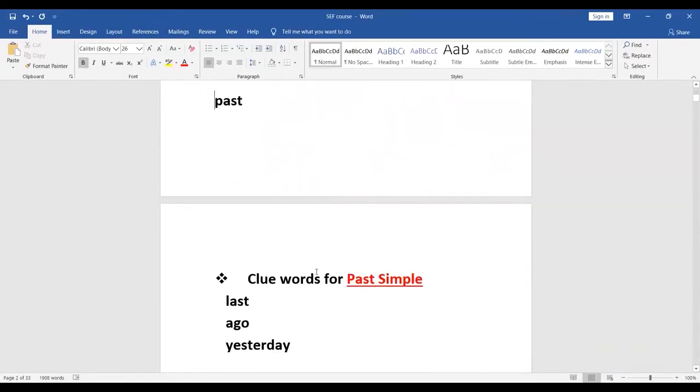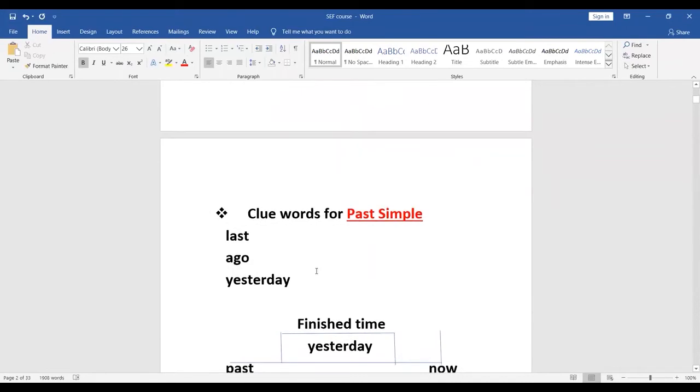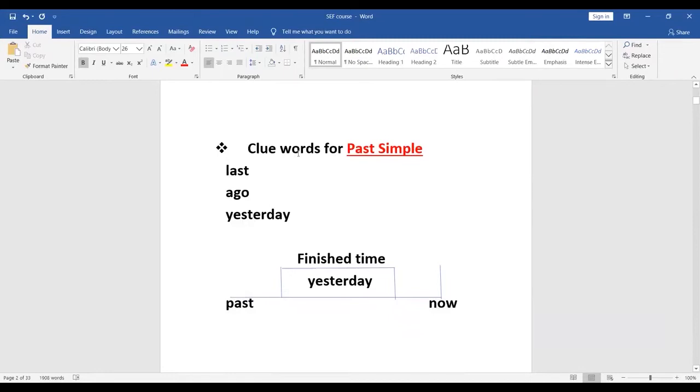All right, let's take a look at a few indication words, words that indicate the past simple. So clue words for the past simple are last, ago, yesterday. These words come right from the past tense, and this is now. Now means present tense.